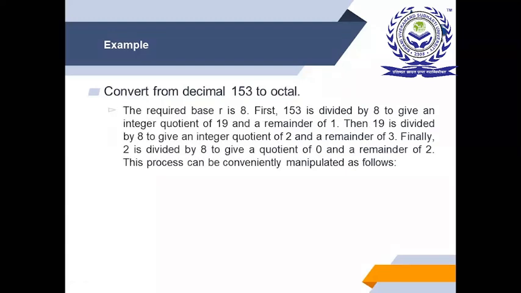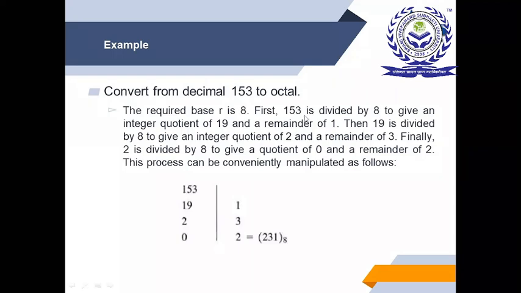First, 153 is divided by 8 to give an integer quotient of 19 and a remainder of 1. Then 19 is divided by 8 to give an integer quotient of 2 and a remainder of 3. Finally, 2 is divided by 8 with a quotient of 0 and a remainder of 2. The process can be conventionally arranged as follows, dividing continuously by 8.